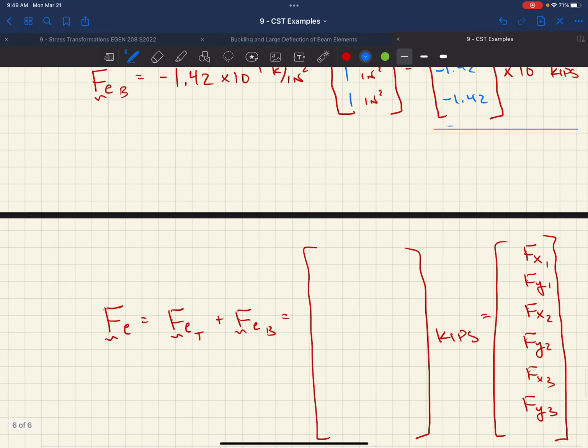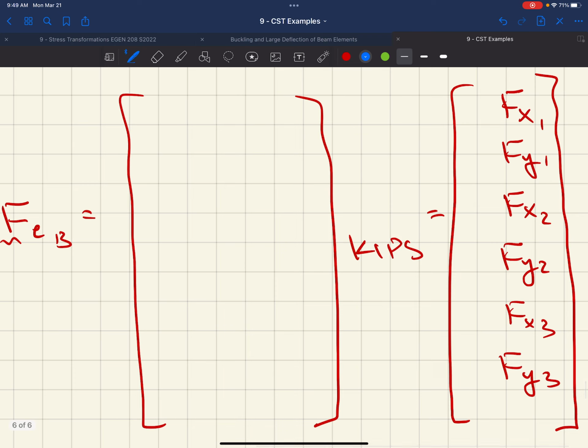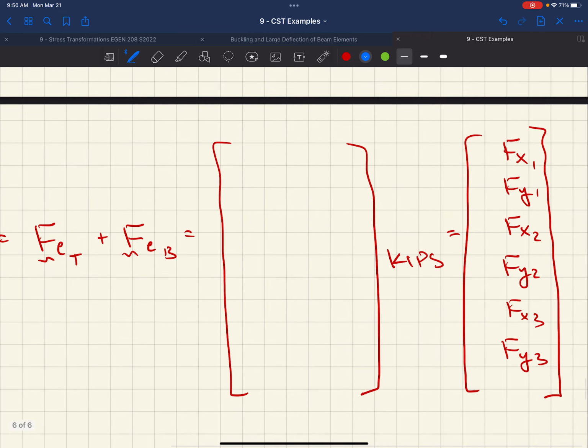And like we did in the homework, we would have a total energy equivalent force vector. This force vector is really what's going on at node 1 in the x and y directions, right? No moments, we just have translational forces because that's how the CST element is derived. No rotations, just translations. And so we end up adding these together. We have 0, negative 1.42 times 10 to the negative 4th.